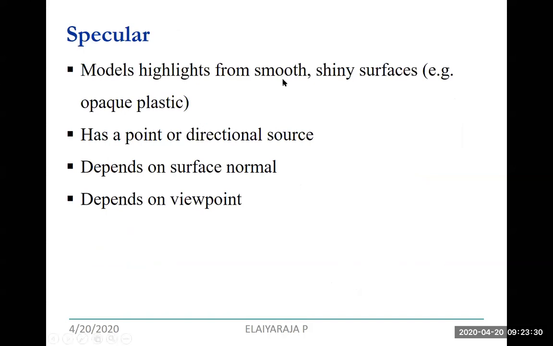Model highlights from smooth and shiny surfaces, for example opaque plastic, okay, which gives the reflection, has a point or directional source, yes. Depends on the surface normal, yes, the surface should be brighter so it gives the reflection. Depends on the viewpoint, yes, you are going to see the reflection.